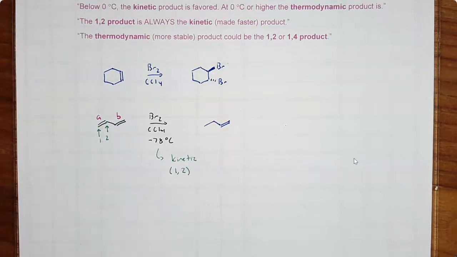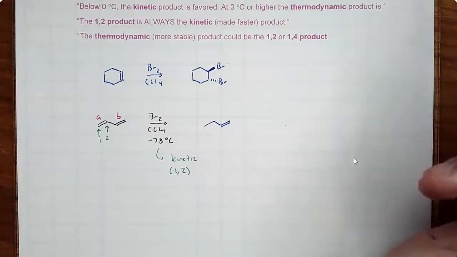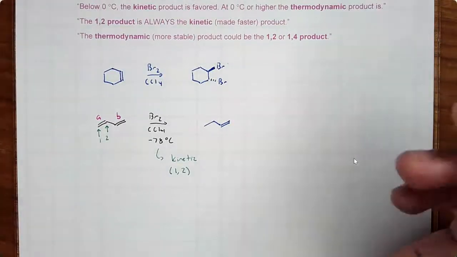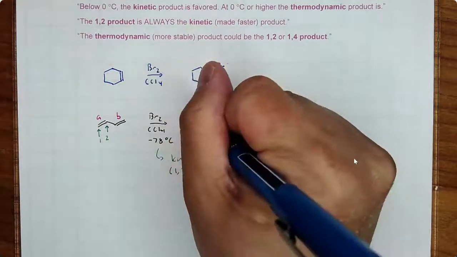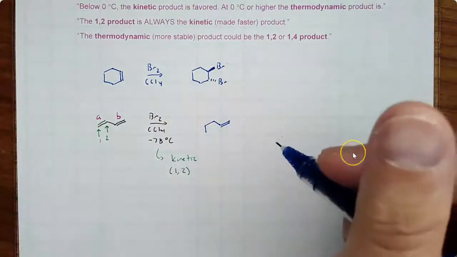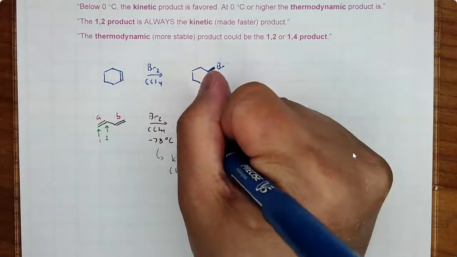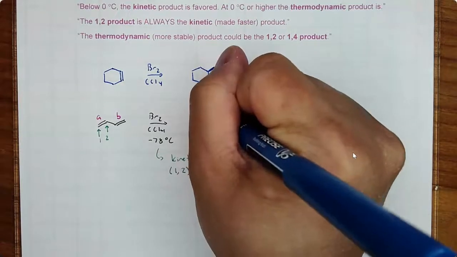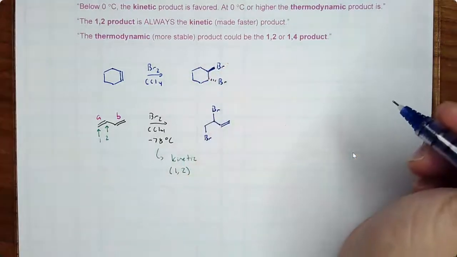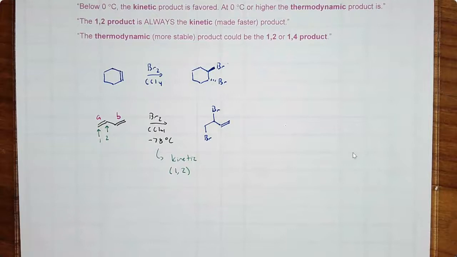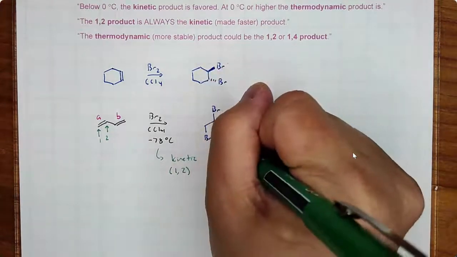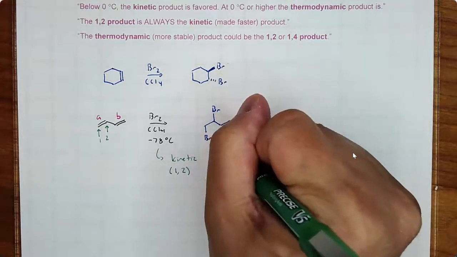Because you're adding 2 things, an H and a Br. But in this case, we're adding 2 Brs, so we don't have regioisomers. And this is our first product, the 1,2 product, and it is definitely the kinetic.